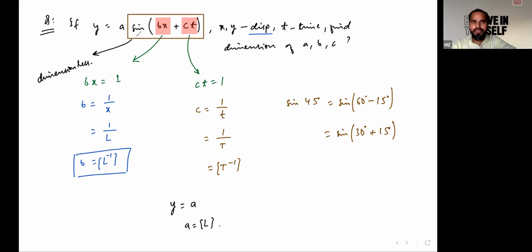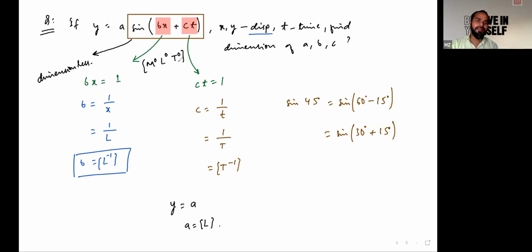As sine is related with any term written here, that term would be nothing but an angle. And angle, as we have already defined, is a dimensionless constant or variable. So if any term is dimensionless, just equate that term to 1. Dimensionless would be M raised to the power 0, T raised to the power 0, or L raised to the power 0.